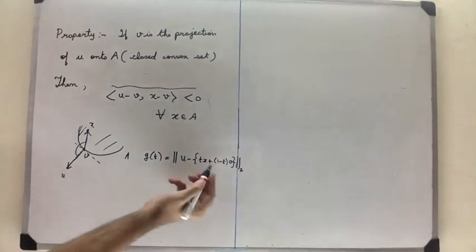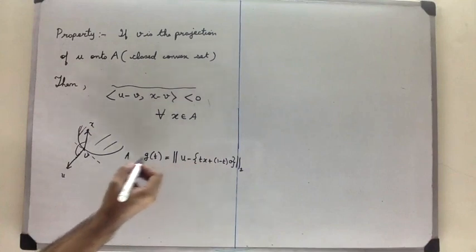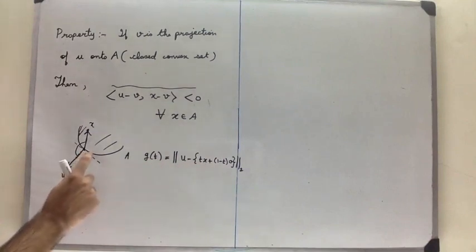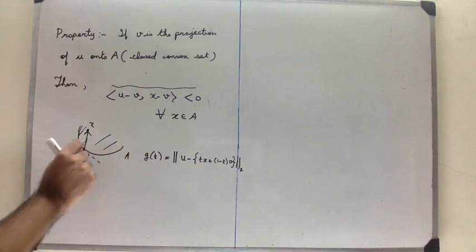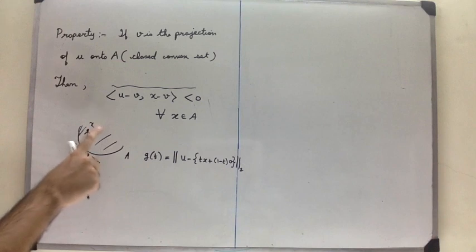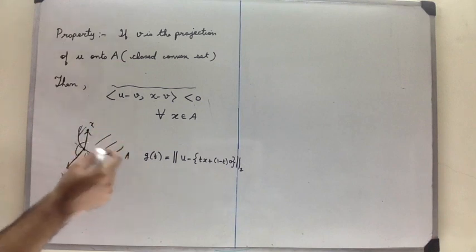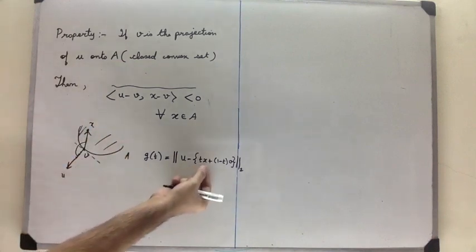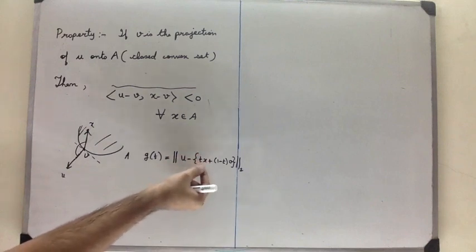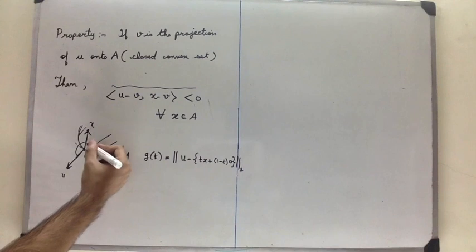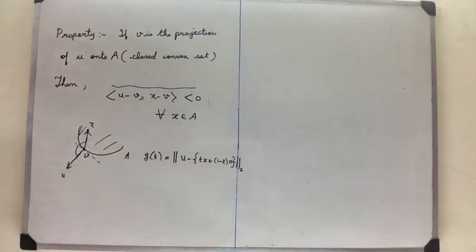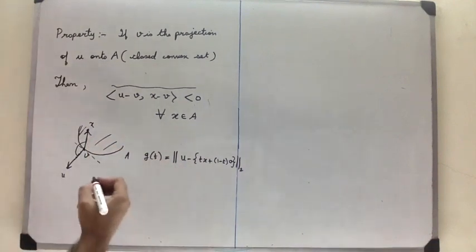Now notice that when t equal to 0, g of t is the distance between u and v, because it's the minimum of any distance between x and the set A and u. Even if you move a little, for extremely small t, if you move a little t forward along x, g of t must not decrease. So we'll make use of this property.